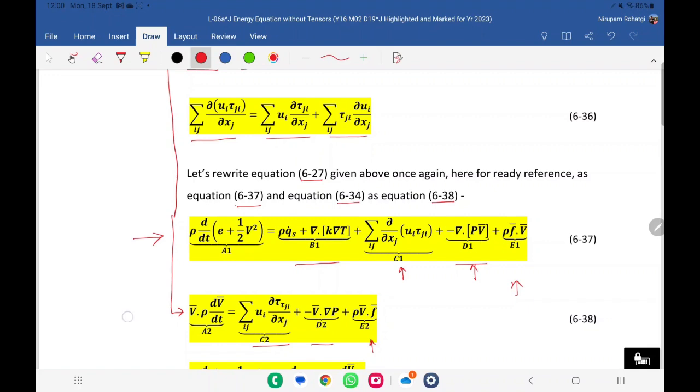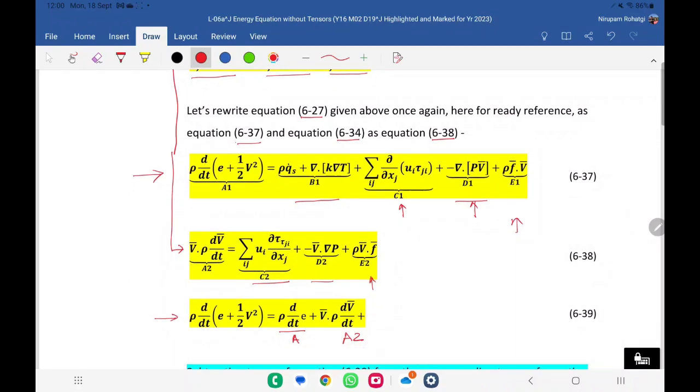Then the momentum equation you have multiplied by, first the x direction equation by u, y direction by v, and z direction by w. Okay, so now what we are doing, you are subtracting from the energy equation the momentum equation multiplied by velocity, and that you can do.